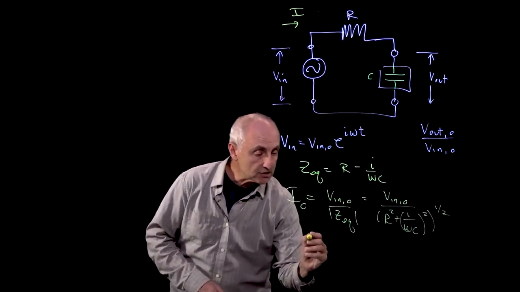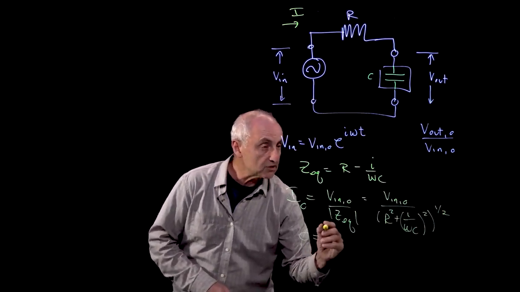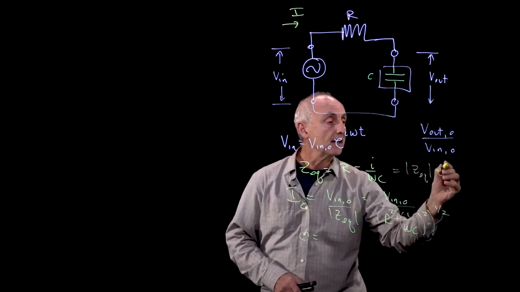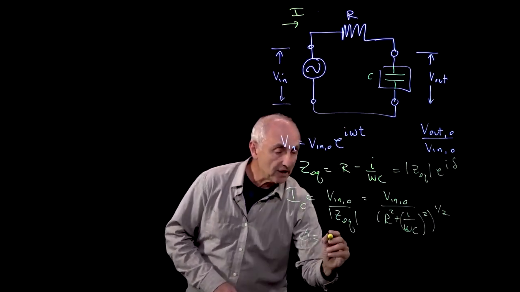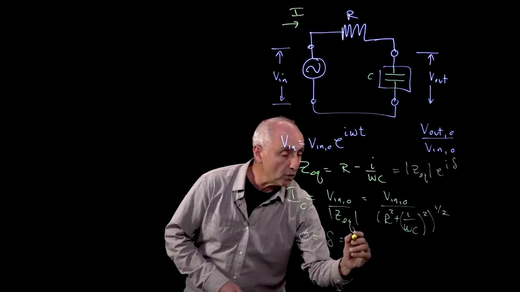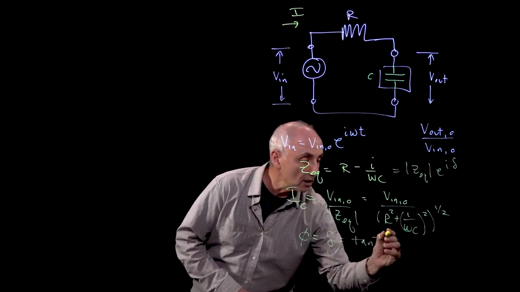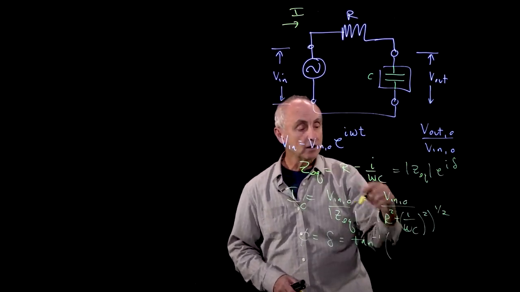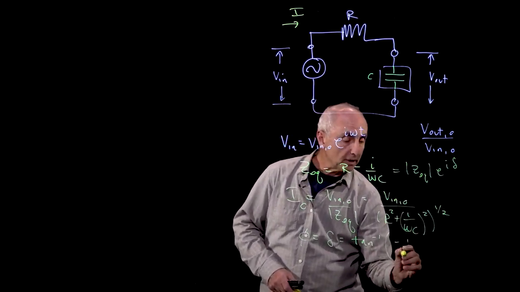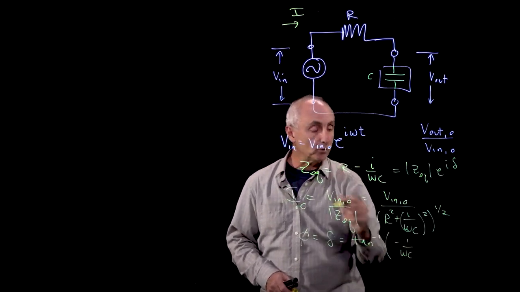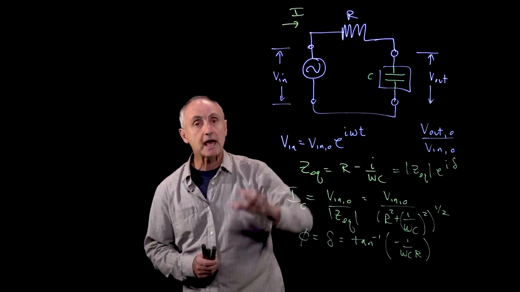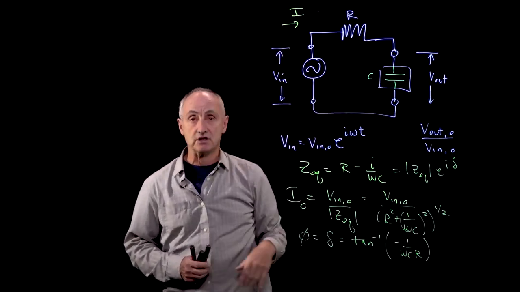Now the phase, recall, if we wrote this as an amplitude and a phase, is what we had before: inverse tangent of the imaginary part, minus 1 over omega C, divided by the real part, R. And that analyzes the current that comes into this.